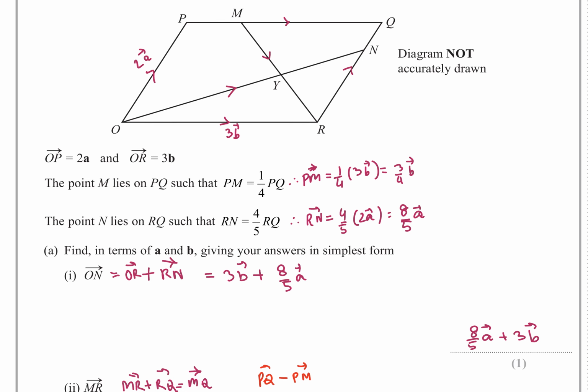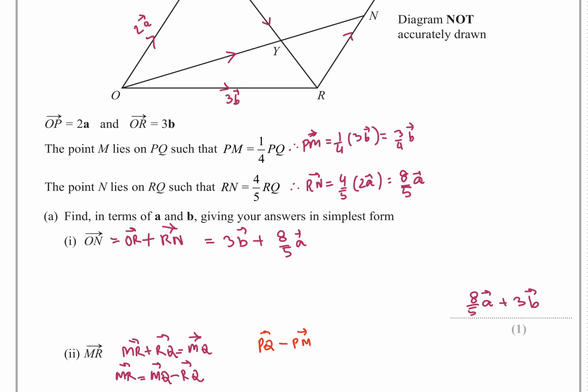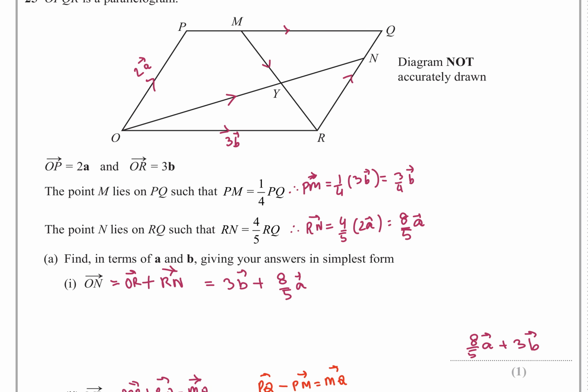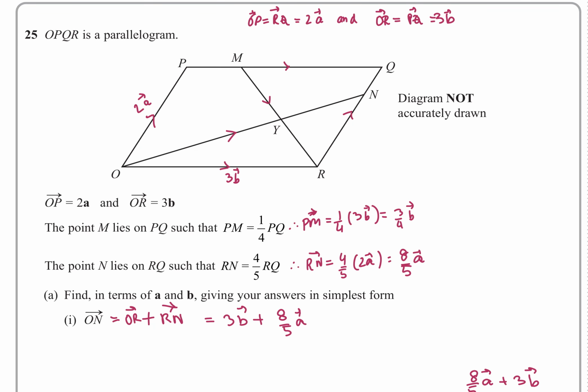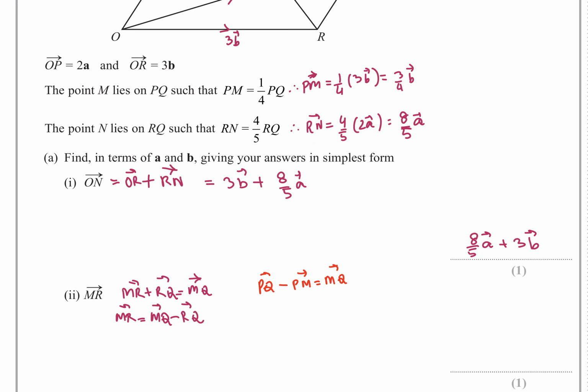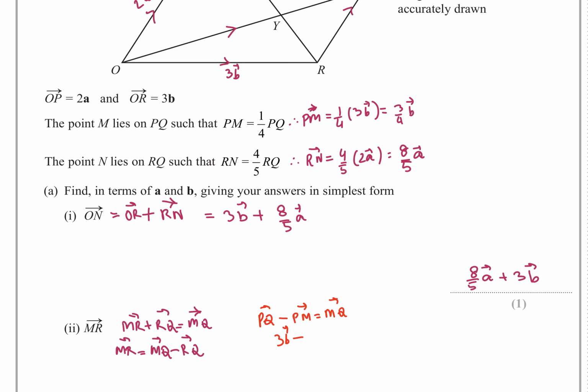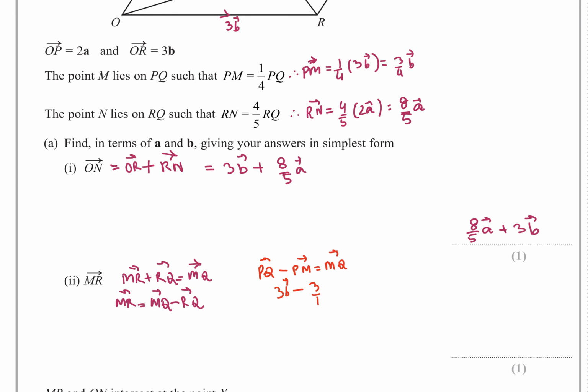So PQ minus PM is MQ. Do we know PQ? We do, it is 3B. Minus PM, which we just found out is 3/4 of B. Not 3/4 of B, but 3 over 4 B, because B is a vector.